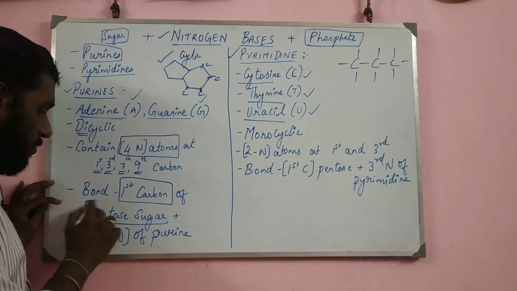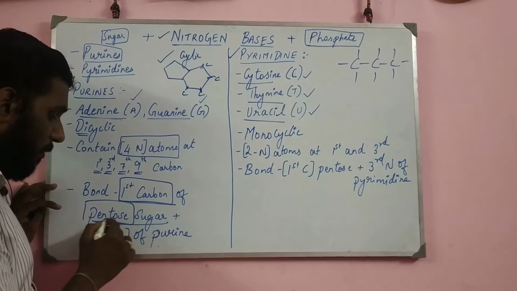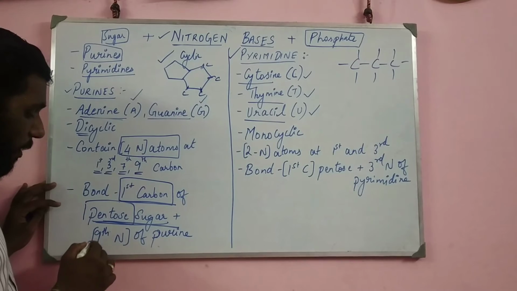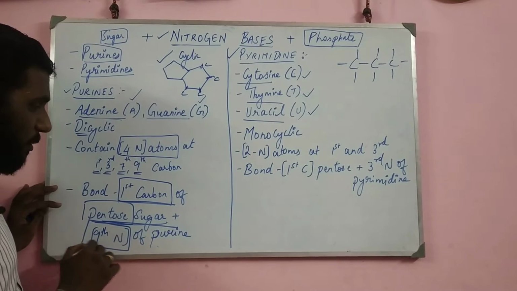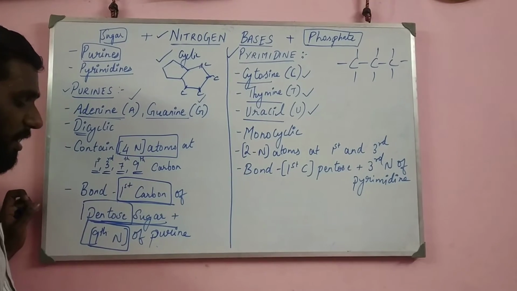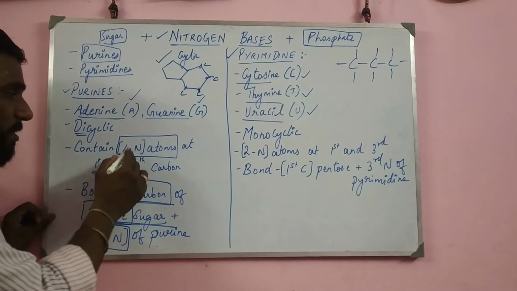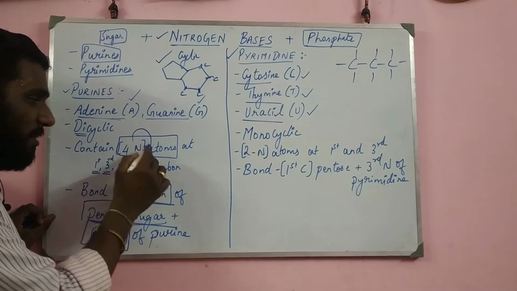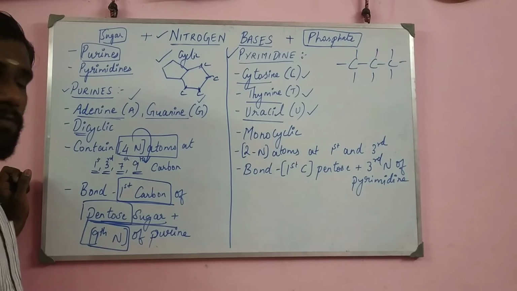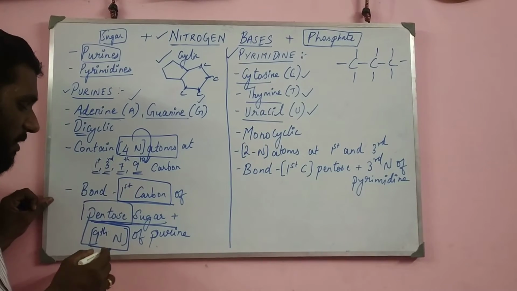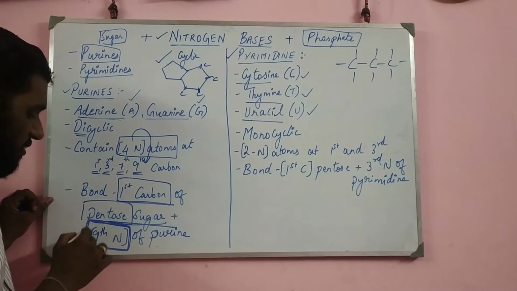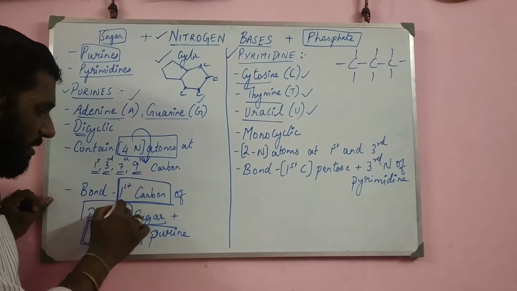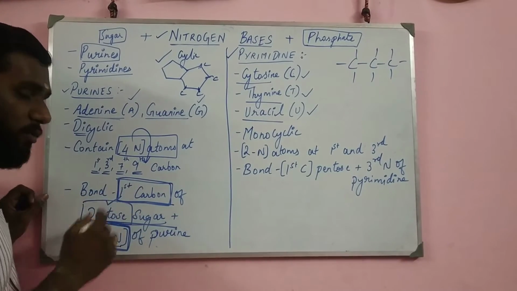So the first carbon of the pentose sugar, and along with that the ninth nitrogen of the purine, that is this ninth nitrogen. One of the nitrogens is actually present in the ninth position. So the bonding will actually take place between the ninth position nitrogen and the first carbon of the pentose sugar.